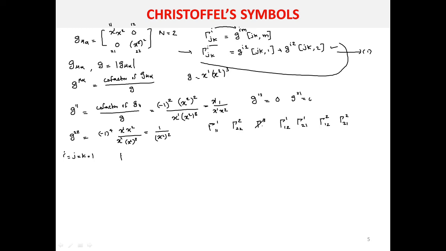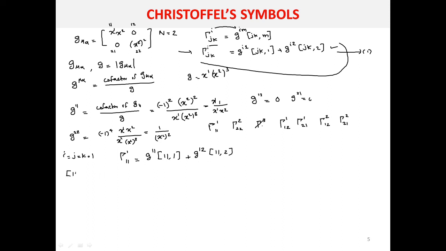Then you will get gamma 1 1 1 equal to g11 times the Christoffel symbol of the first kind [1 1, 1] plus g12 times [1 1, 2]. So you have to calculate the Christoffel symbols of the first kind [11,1] and [11,2].